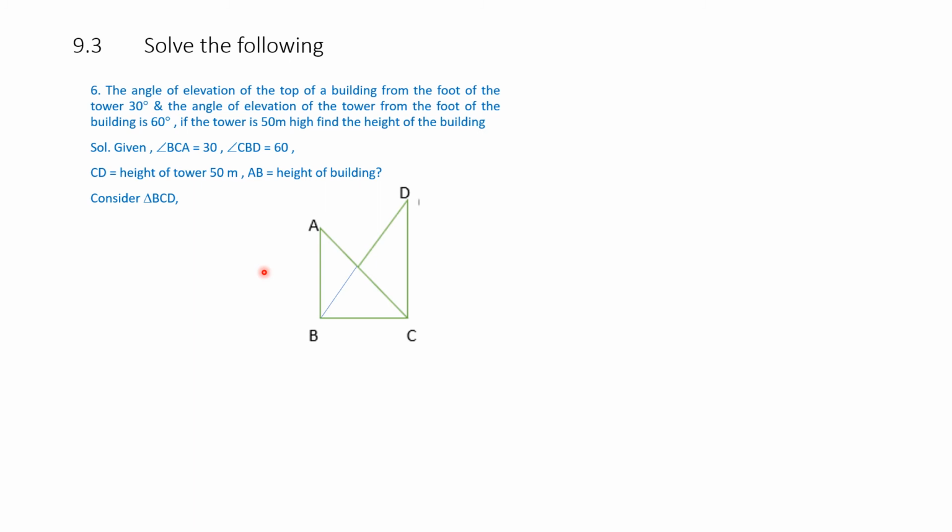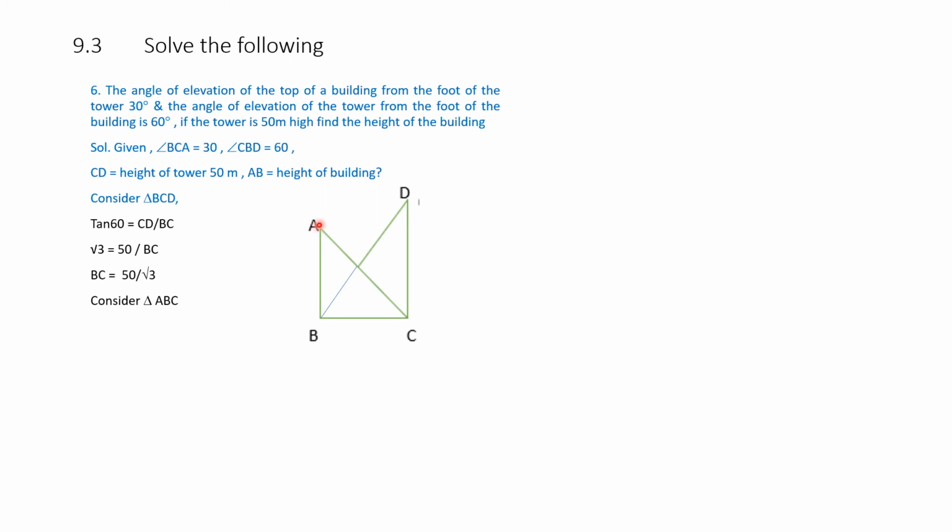Consider triangle BCD. Tan 60 is equal to CD by BC, that is root 3. CD is given as 50, divided by BC. Therefore, BC is equal to 50 by root 3.